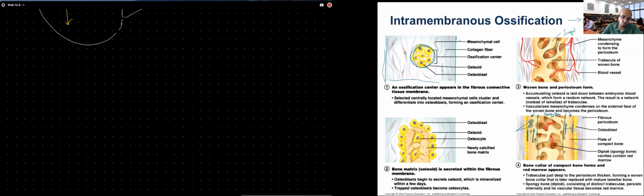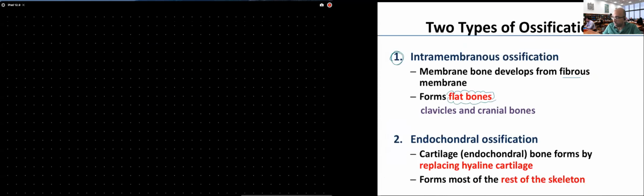The other type of ossification is called endochondral ossification, from the name here. Endo means inside, and chondro means cartilage. This ossification relies on cartilage, and this cartilage is going to be calcified and transformed into bone.